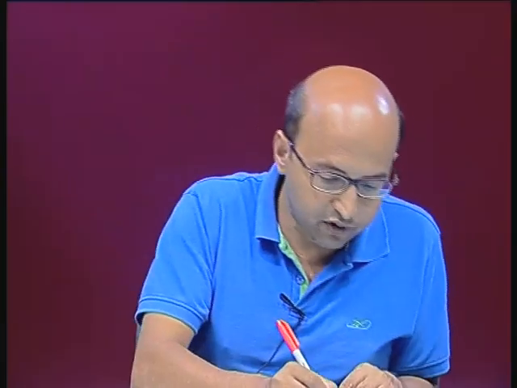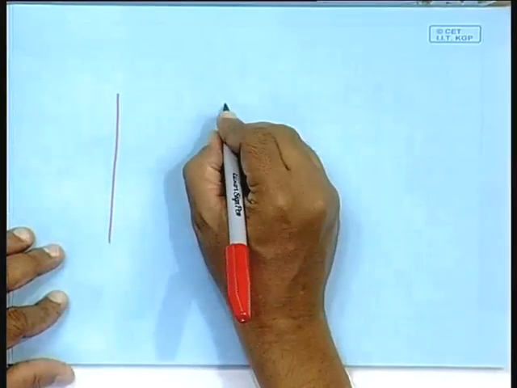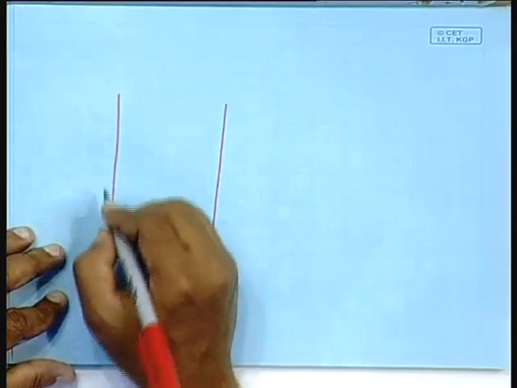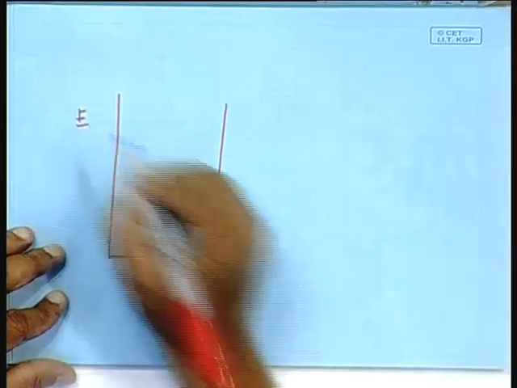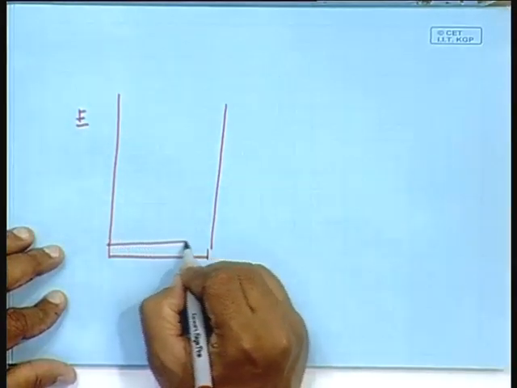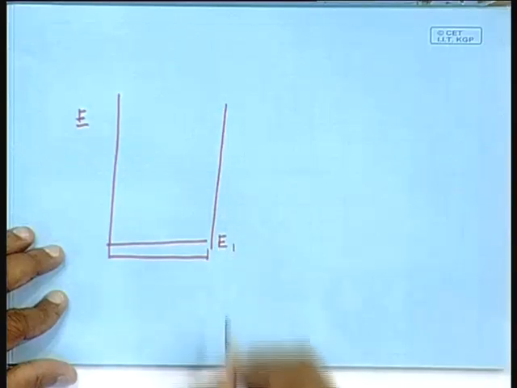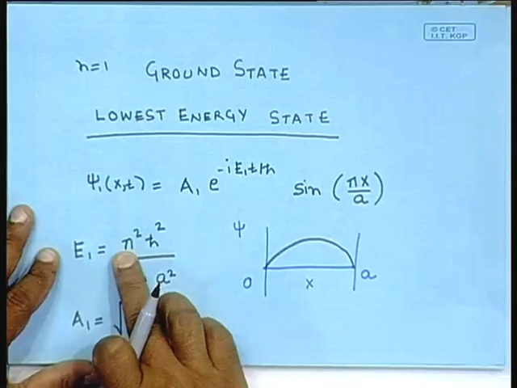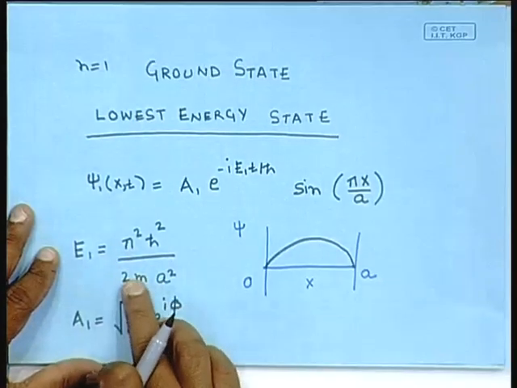So, let me also draw that. Let me draw the energies along this axis. So, this is the potential well, and here I am going to show the energies. We have the lowest energy state E1, which has energy h cross square into pi square divided by 2m a squared.